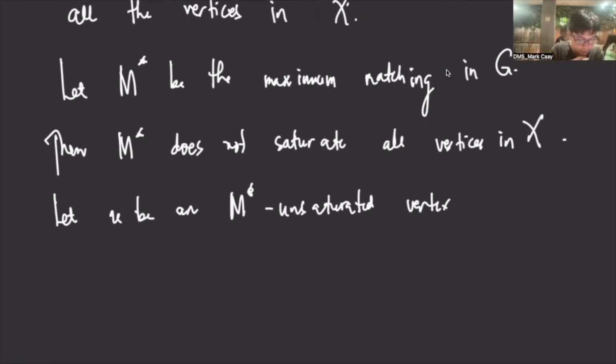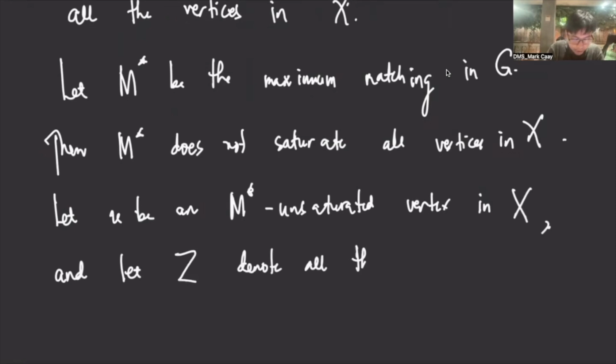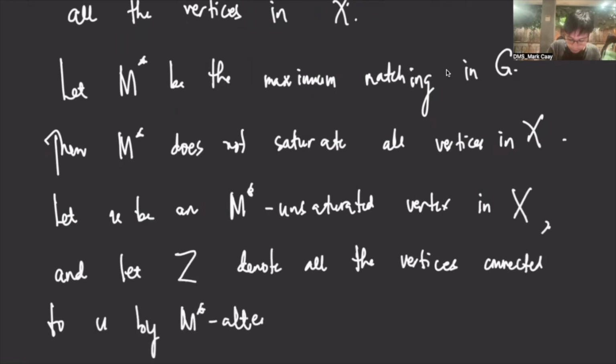So anong implication dito? Bali, yung U mo is an M star unsaturated vertex. And let's be specific, this is in X. And we also let Z denote all the vertices connected to U by M star alternating paths.